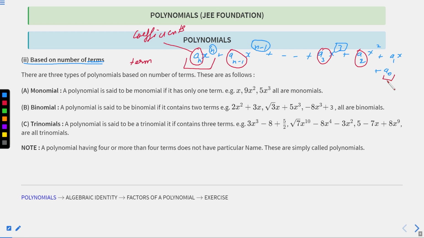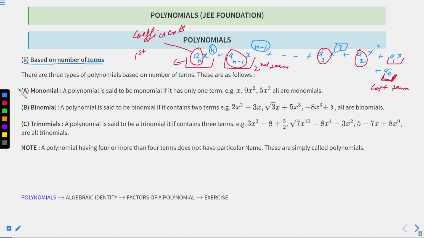This term is the first term, and this is my second term in the polynomial, and this will be my last term, because the polynomial is given in decreasing order. If it is given in increasing order, then this term will be my first term, this term will be my second term, and so on. I hope this is all clear.